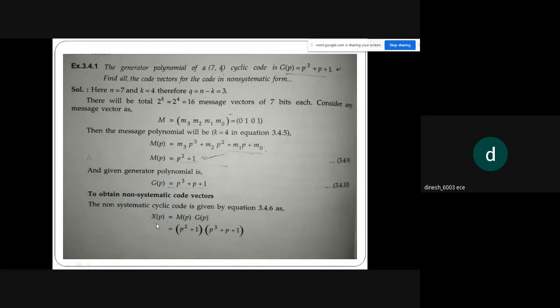X of p is the combination obtained from m of p and g of p. So what is our x value? X value is your number of bits, n. So since n is equal to 7, x also will be 7. So we should write in terms of all the 7 values.